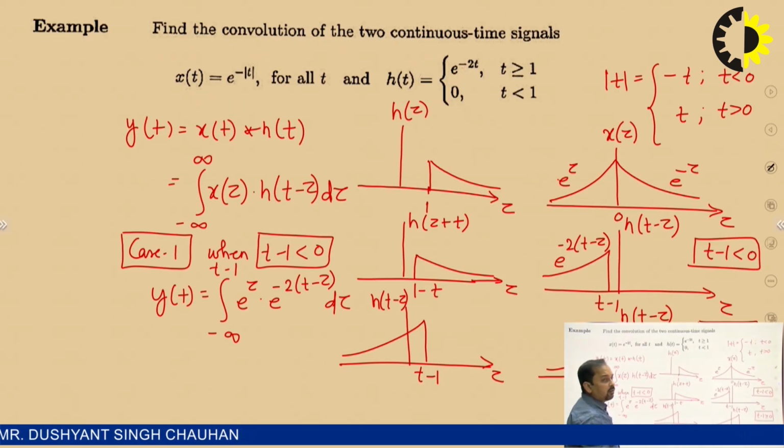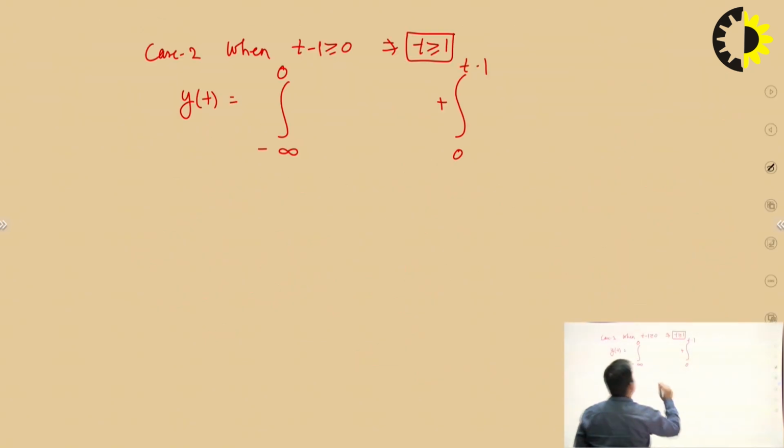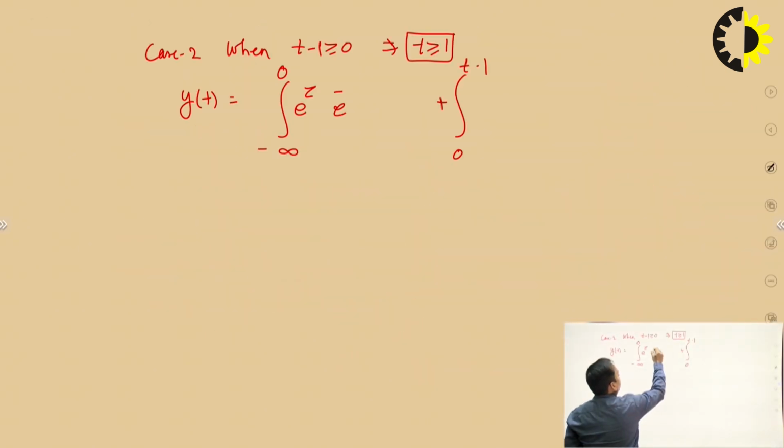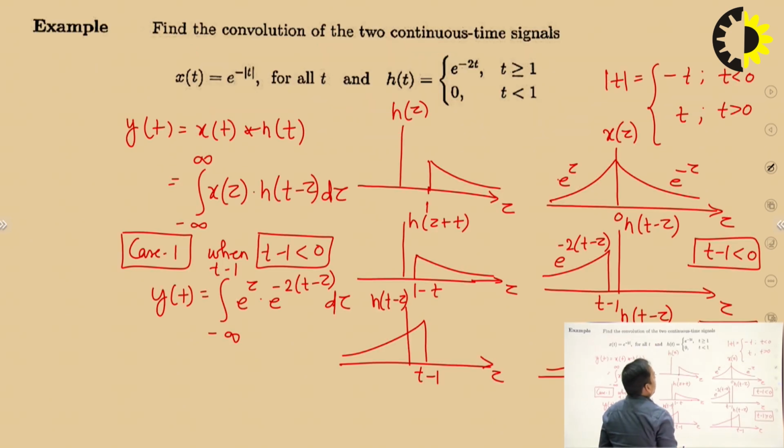What was x of tau in our previous figure? X of tau to the left was e raised to power tau. So I can now write e raised to power tau over here, and h is e raised to power minus 2 times t minus tau d tau. This is the first integral. The second integral is now 0 to t minus 1, this particular region.